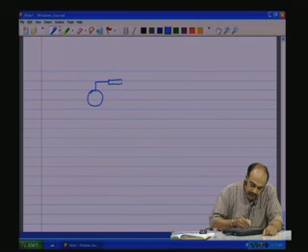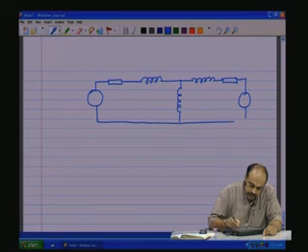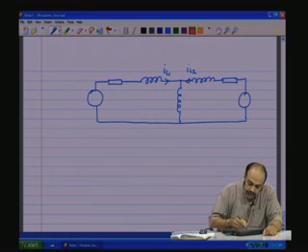Let us say you have an R, an L, and another inductance there, and an R. Here, let us say this is IL1 and this is IL2. Once these become the state variables, the current through the third inductor is automatically determined by Kirchhoff's current law, and this is most fundamental.